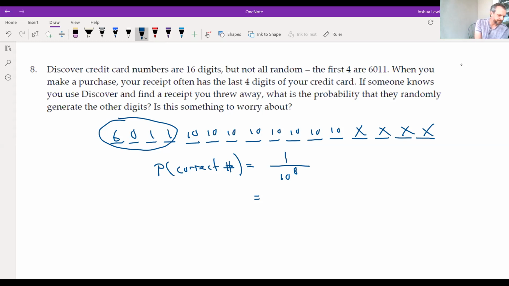I mean, that's a very low chance. However, a computer could run through that very quickly, right? If you just let a computer guess, it can run through 10 to the 8th options very quickly.